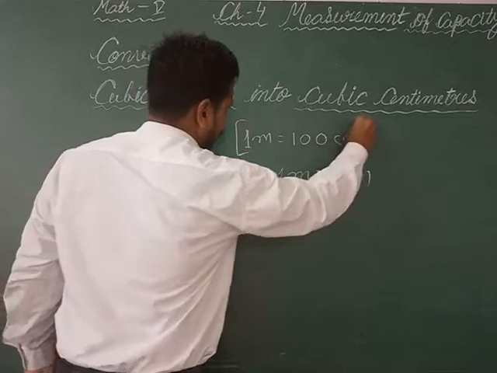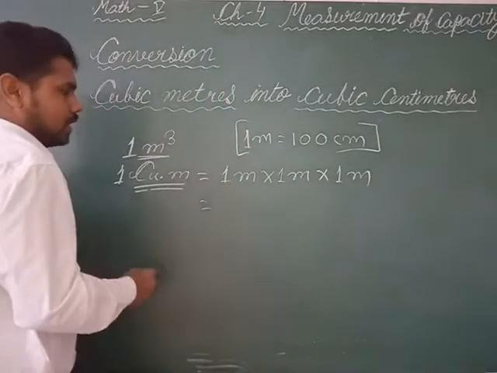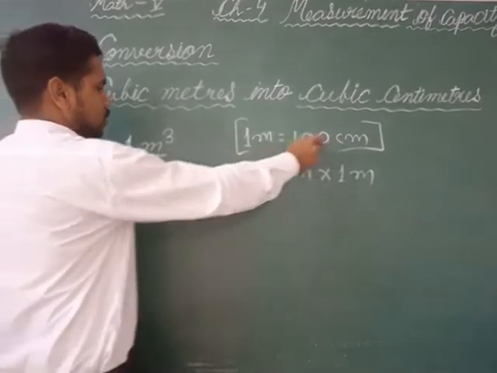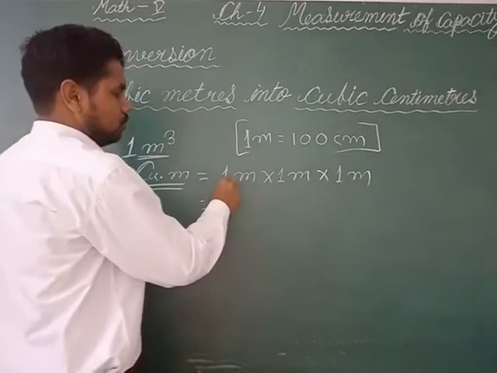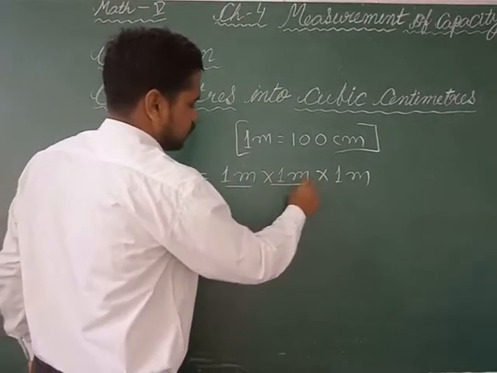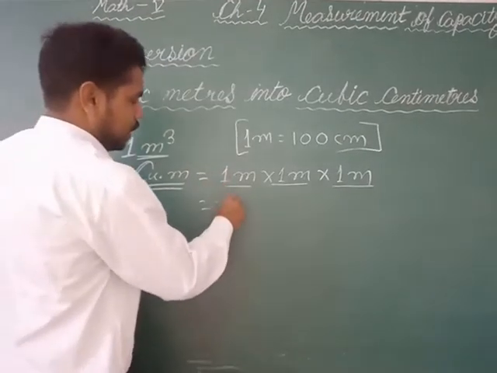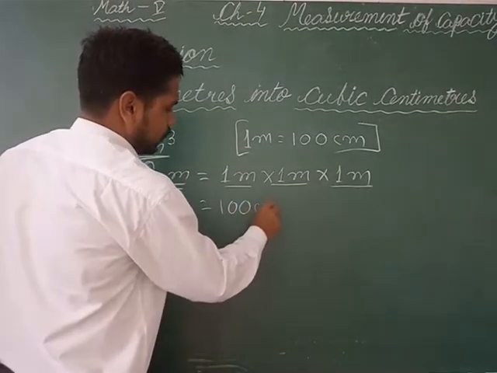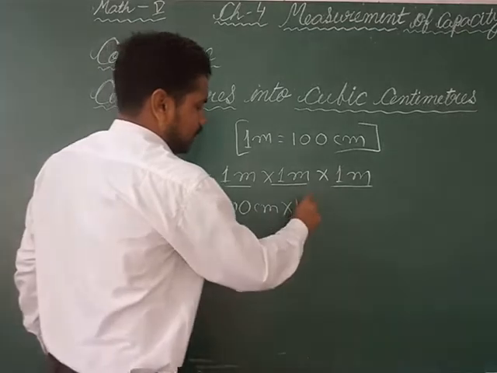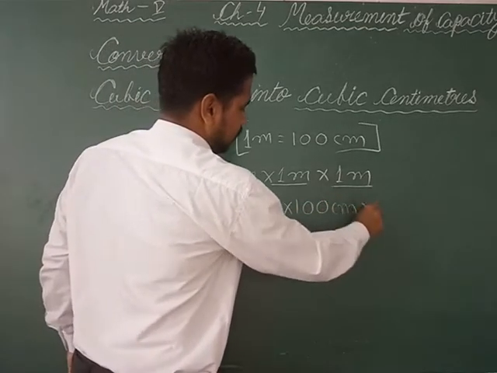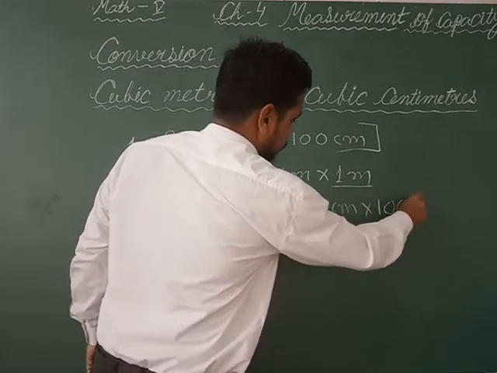So we will put 1 meter is equal to 100 centimeter in all the cases. So it will be 100 centimeter multiplied by 100 centimeter multiplied by 100 centimeter.